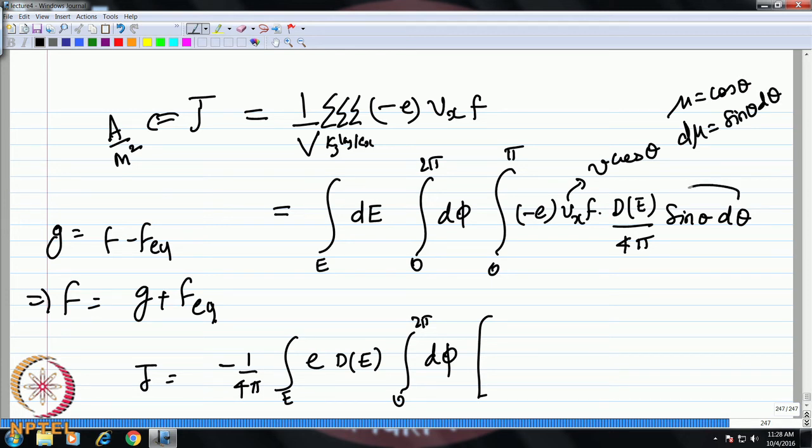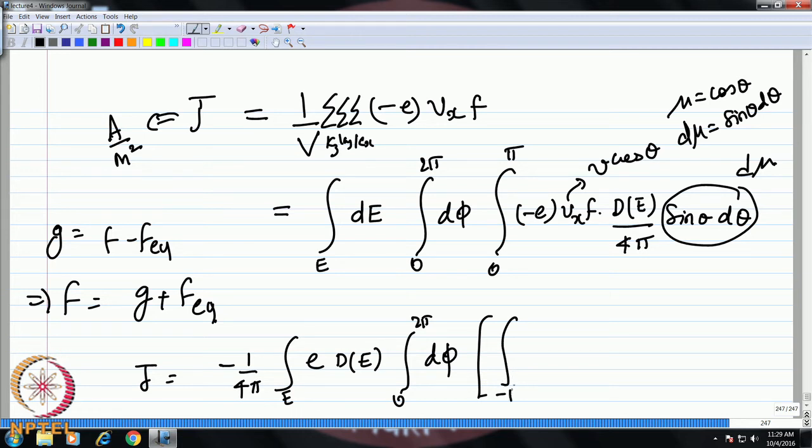So, I can write this as d mu and this as mu, and therefore, my limits of integration will become, if I put cos 0, mu will be 1, cos pi will be minus 1. So, it will be minus 1 to 1.